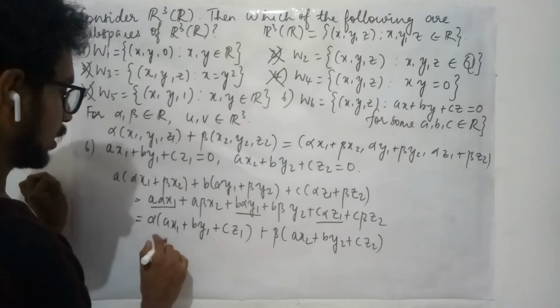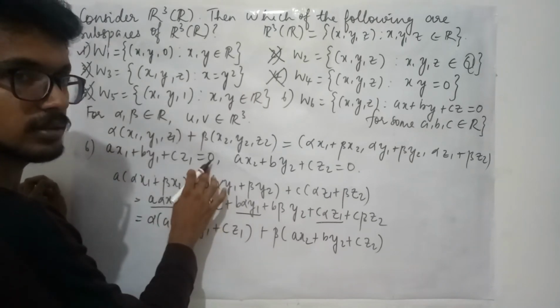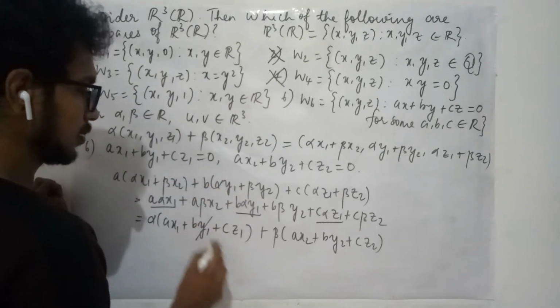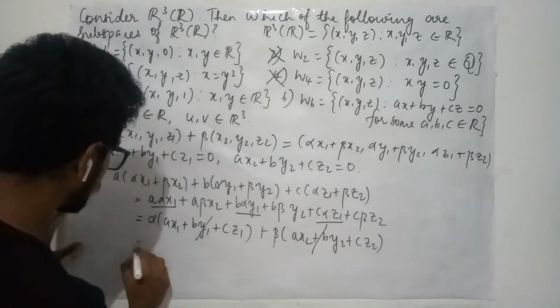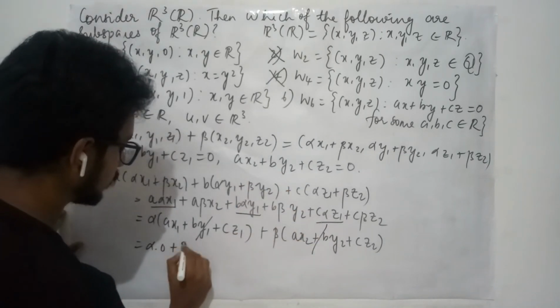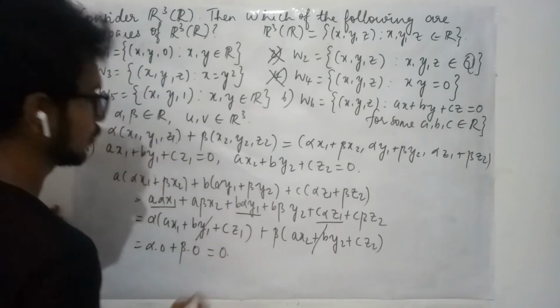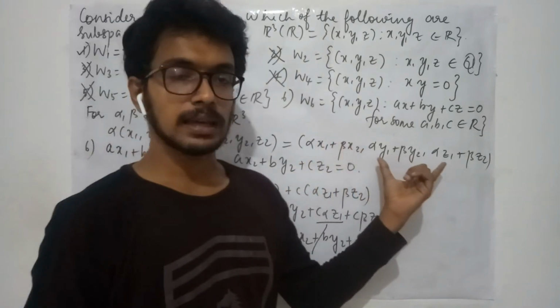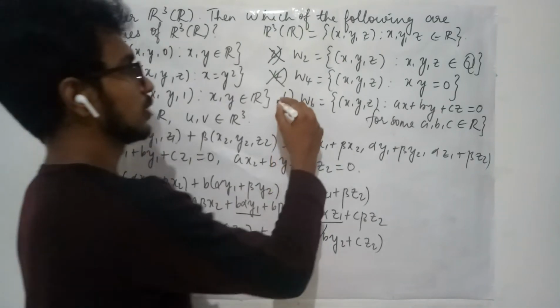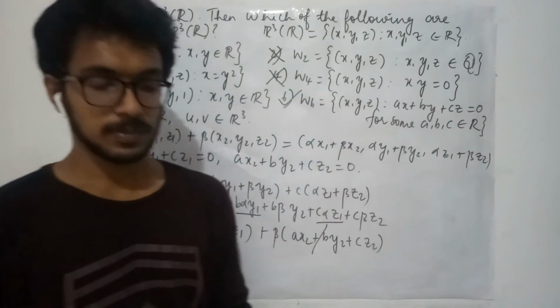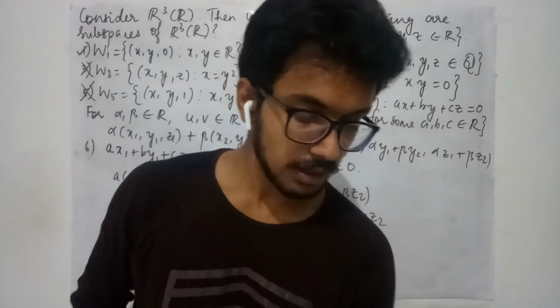So what are you getting? This is 0 because of this, right? Similarly this is also 0 because of this. So what you are getting is alpha times 0 plus beta times 0, which is going to be 0. Therefore these entries are satisfying this condition. Therefore this is a subspace, right?